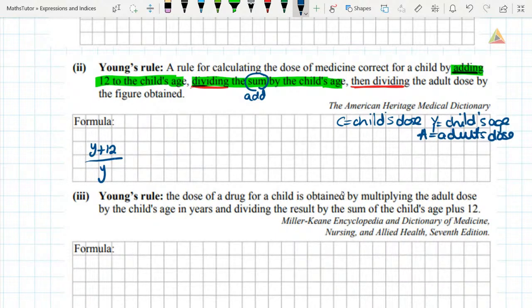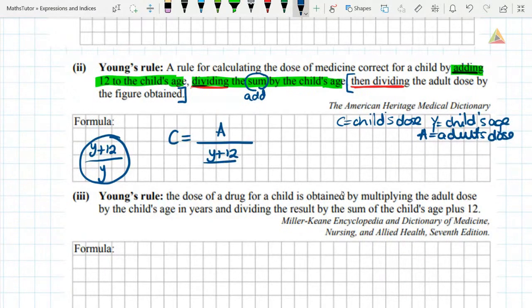And then this part says, and then dividing the adult dose by the figure obtained. So by this answer, we're then going to have to divide the adult dose by this. So this was our first part. So the part that's highlighted there, adding 12 to the child's age, dividing the sum by the child's age. But now we have to make another part to this fraction. So we're going to be saying the child's dose is equal to the adult's dose divided by all of this.